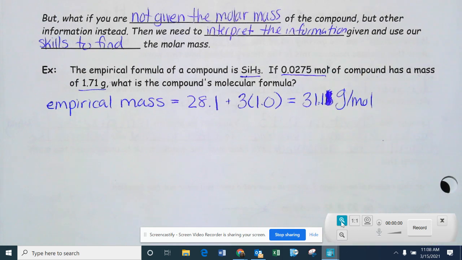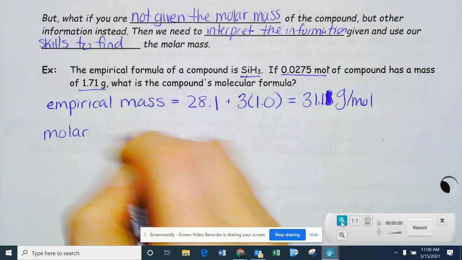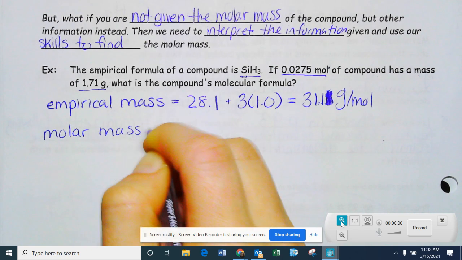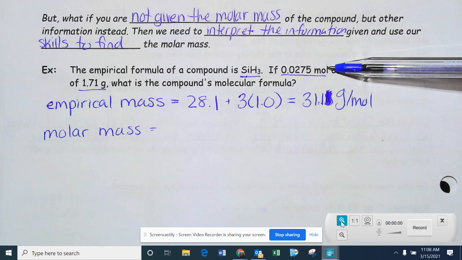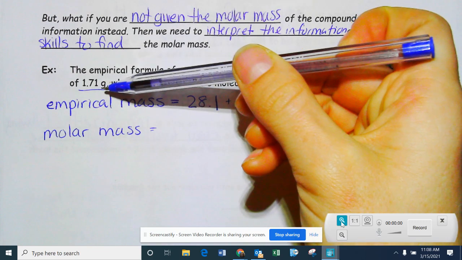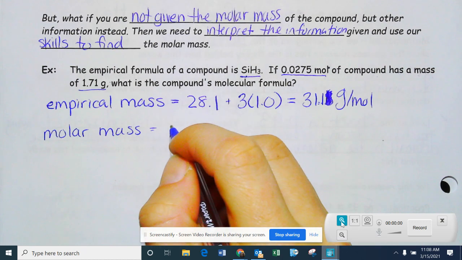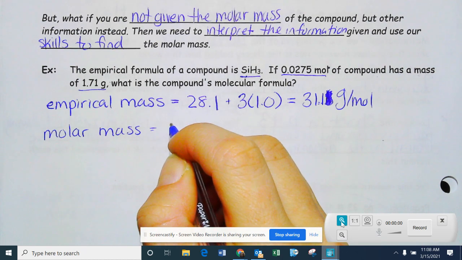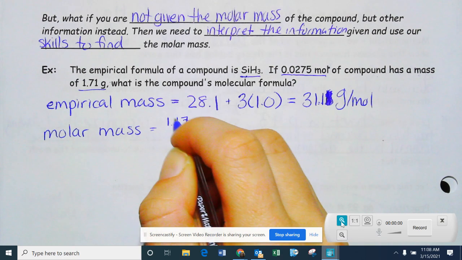All right. Now, what's our molar mass? How would you guys determine molar mass if you're given that you've got 0.0275 moles and you've got 1.71 grams? Exactly, yes. Okay. So grams per mole, 1.71.